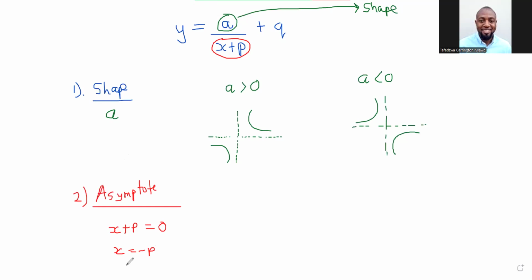So x is going to be negative p. This gives me the vertical asymptote.